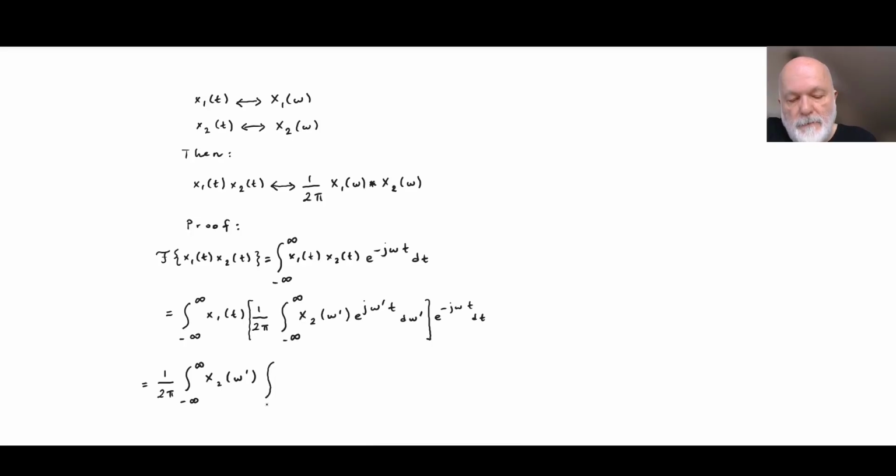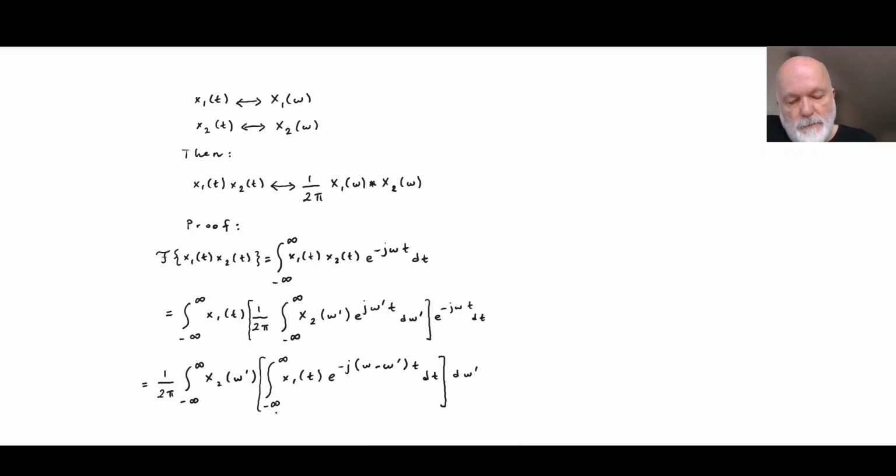And then we have from minus infinity to plus infinity x1 of t e to minus j, omega minus omega prime, t integrated with respect to t. So we have interchanged the order of integration, and then we have the omega prime.